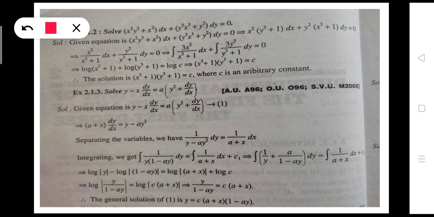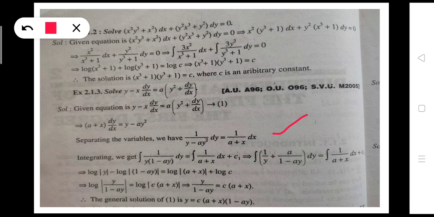So here y terms are separated and x terms are on the other side. Now this is in the form of the variable separable method, and integrating we get integral 1 by y into 1 minus a y dy is equal to integral 1 by a plus x dx plus c1. Separating the integrals, integral of 1 by y plus a by 1 minus a y into dy is equal to integral of 1 by a plus x dx plus c1.